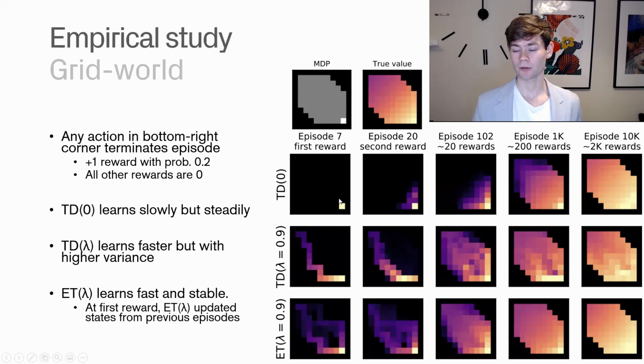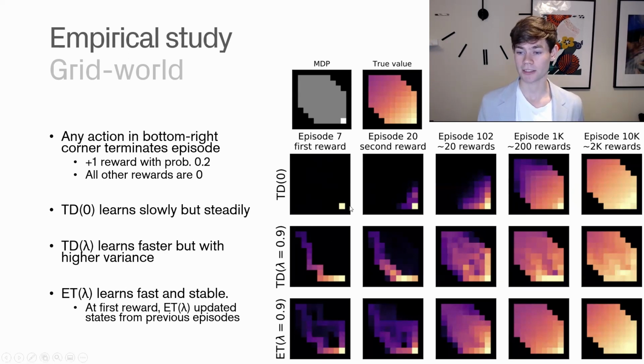Now, TD0 only propagates information back one step at a time because we're only using basically the value function from the previous state. In TD lambda, we propagate the information back multiple steps, and in ET lambda, we also take into account these expected traces. And what we can see, I think the most telling example is actually the first one. So this one here is when we get the first reward. So we can see here, as we said before, that in TD0, we only propagate back one step.